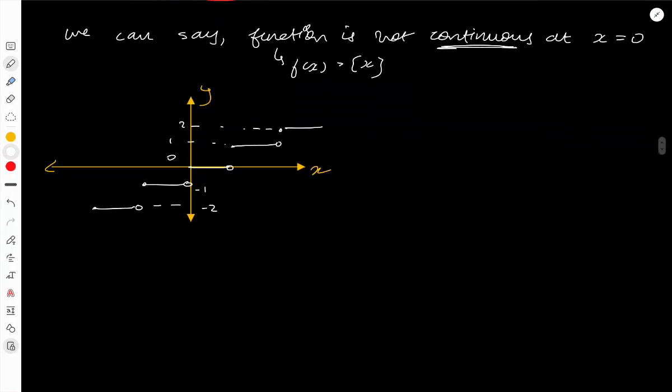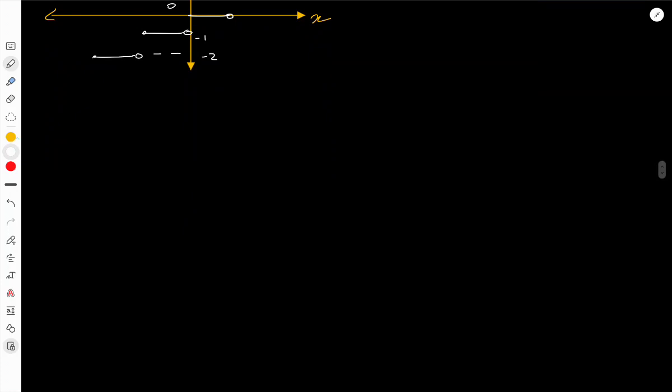Now let us understand a particular thing, the fundamental theorems of limits.